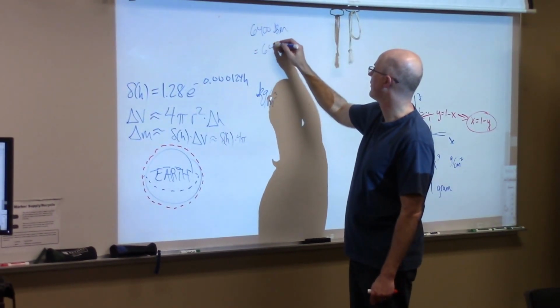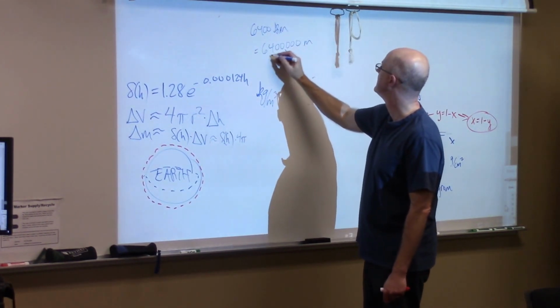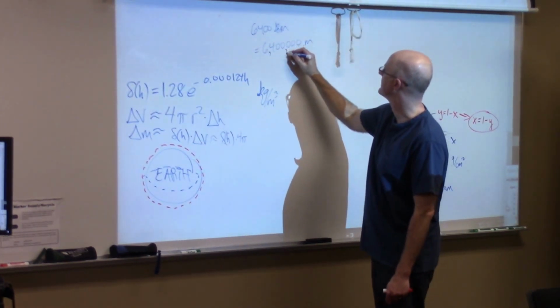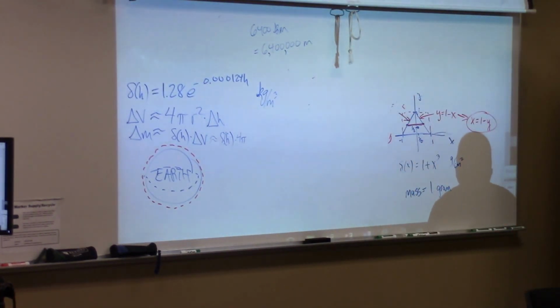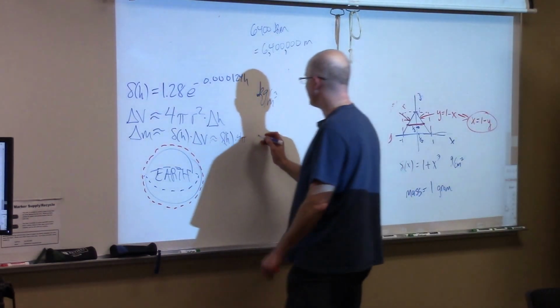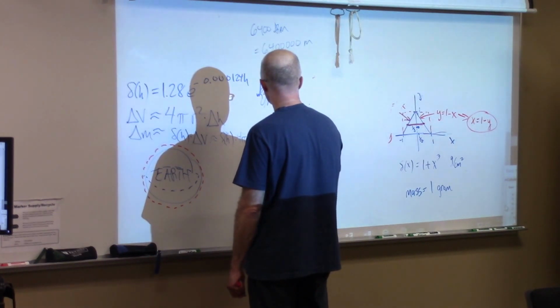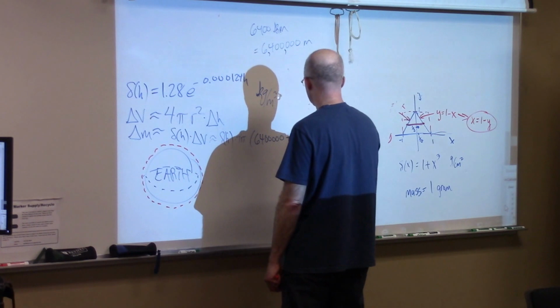That is 6.4 million meters. Those are commas, they're not decimals. Then I go h meters above the surface of the Earth. R, really, as a function of h, is 6.4 million plus h.